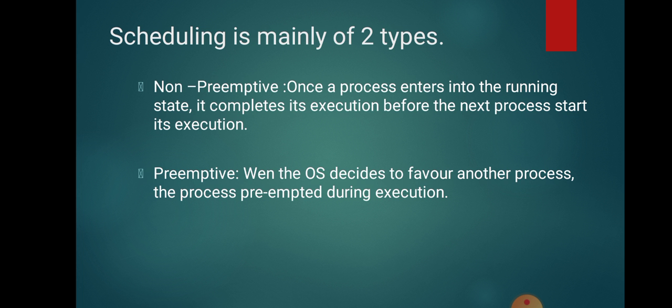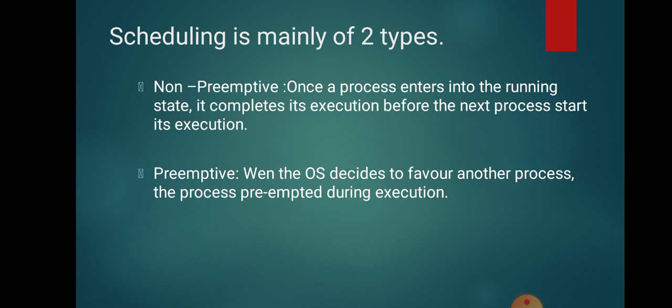Clear? The second is preemptive. In preemptive scheduling, once a process enters the running state, it may or may not complete its execution before the next process starts its execution.